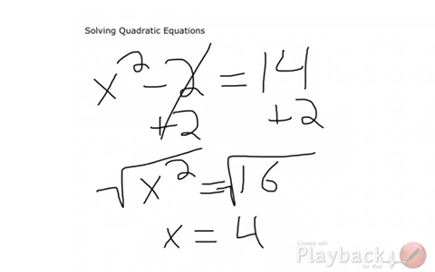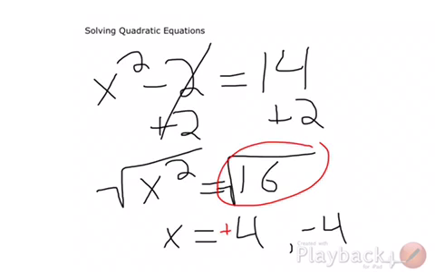When you take the square root of 16, there are actually two different numbers. There is a positive 4 that will multiply to 16, but there is also a negative 4 times a negative 4 that will multiply to 16. So whenever you take the square root of a number, there are two answers. There's a positive and a negative.